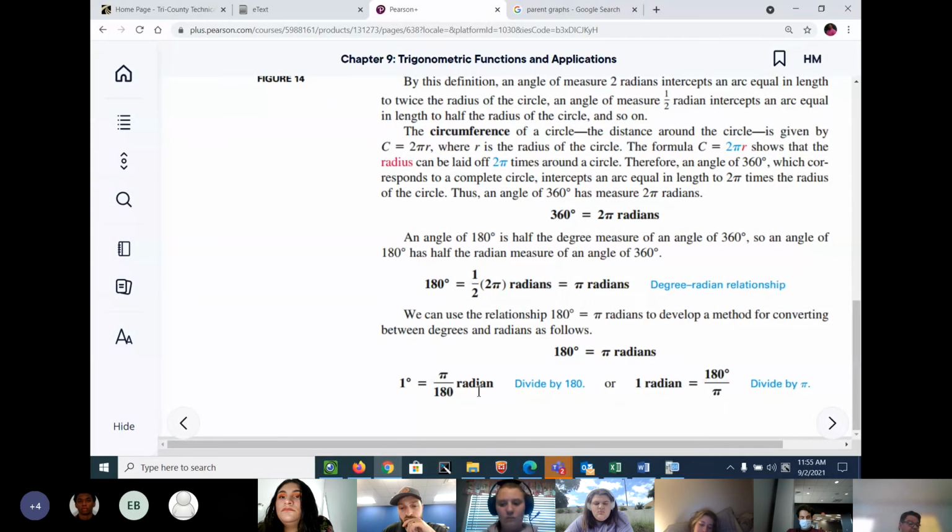Because one of the tricks of trig, Hubert's trick of trig, always know where you are.